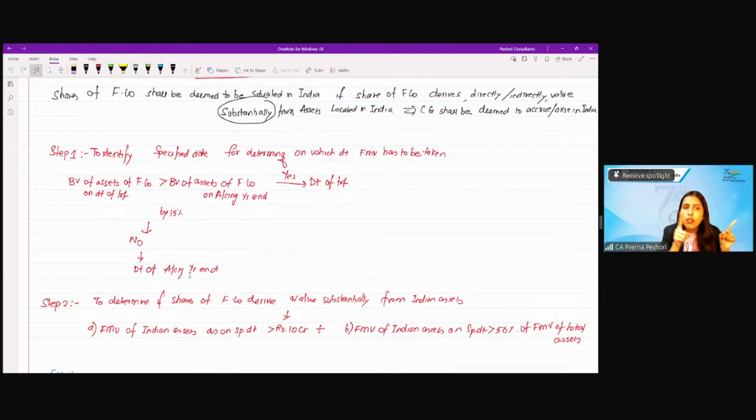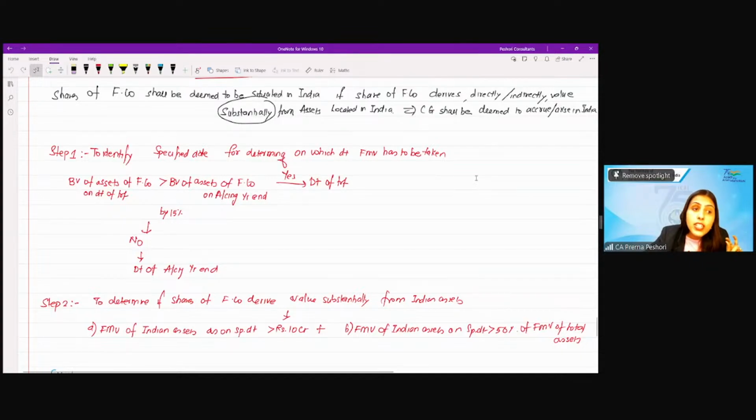To identify it, first we have to do this particular calculation: whether the book value of assets of the foreign company as on the date of transfer is greater than the book value of the assets of the foreign company on the accounting year date by 15%. Are we clear? Yes or no? Yes ma'am. Okay. Now going back to our question.